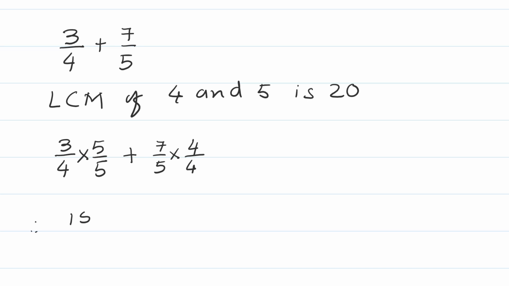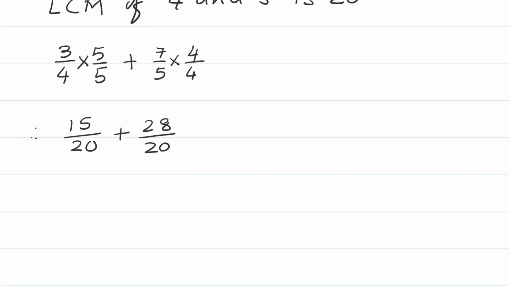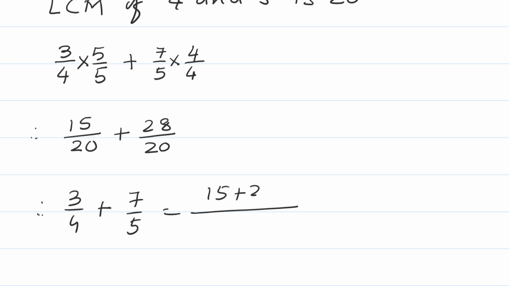Now bases are equal. First number is 15 by 20 and second number is 28 by 20. Now the whole thing is divided into an equal number of parts. In the first case, out of 20 parts consider 15. So now we can add: 3 by 4 plus 7 by 5 is equal to 15 plus 28 upon 20, that is equal to 43 upon 20.